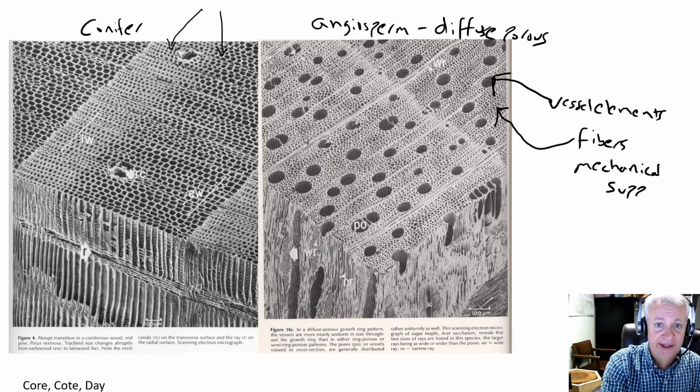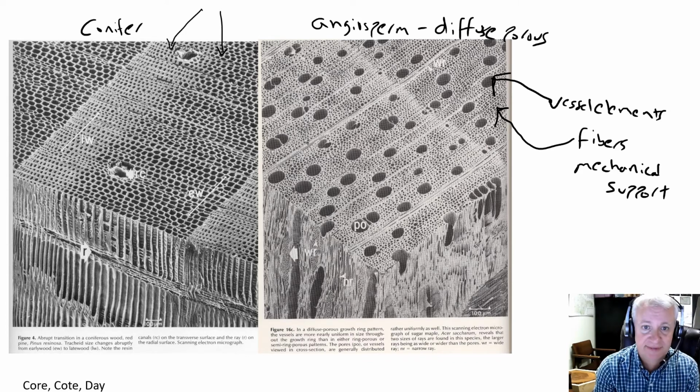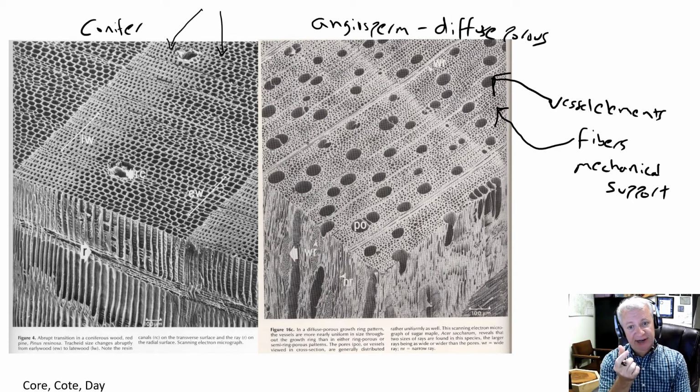One of the adaptive benefits that evolutionary change entailed was that vessel elements are much more efficient at transporting water. The separation of water transport to vessel elements and mechanical support to fibers essentially enabled the growth of bigger vessel elements that provided more efficient water transport.